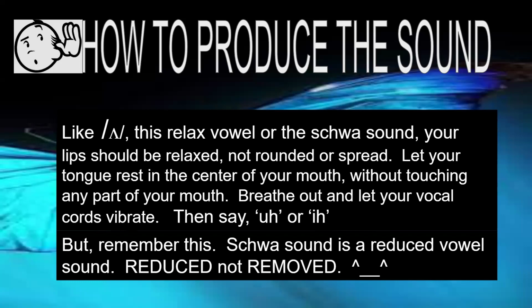Let your tongue rest in the center of your mouth without touching any part of your mouth, like this sound, or the short A sound. So again, let's breathe out and let your vocal cords vibrate. Then say ah or e.